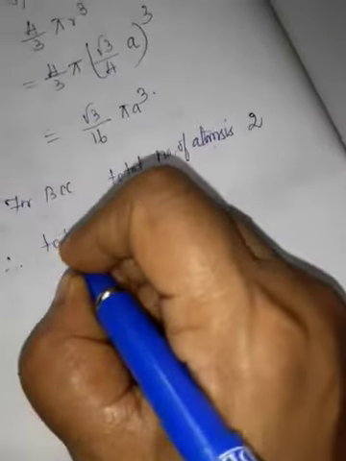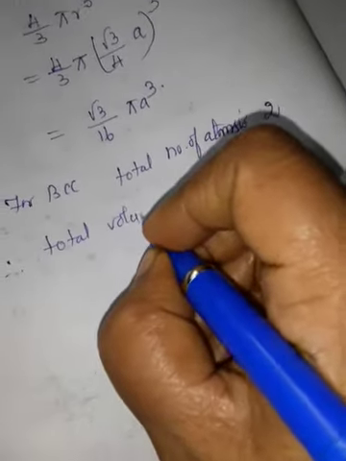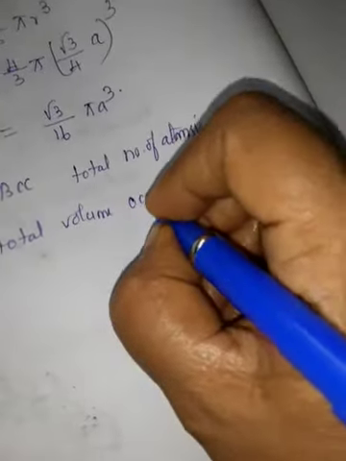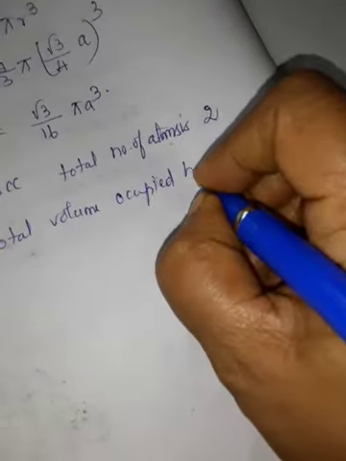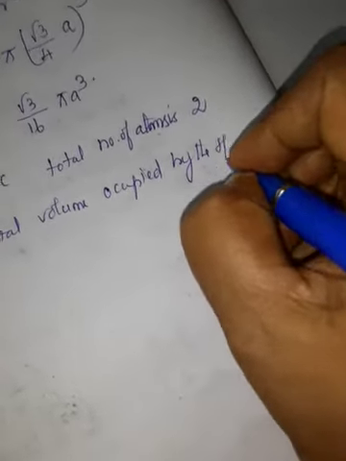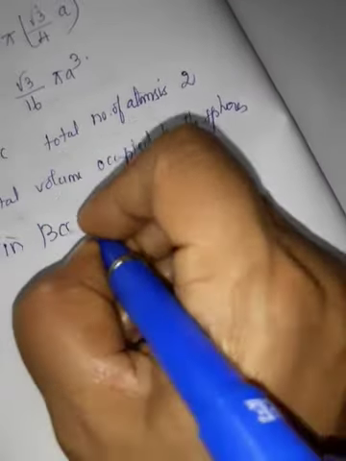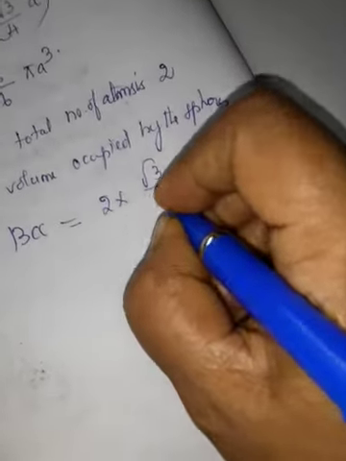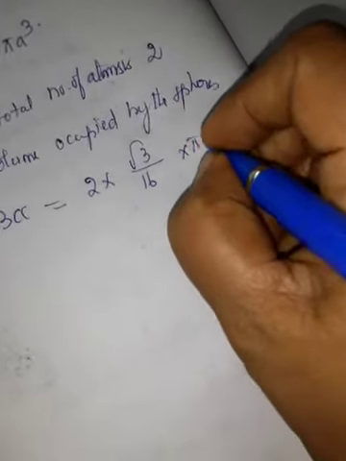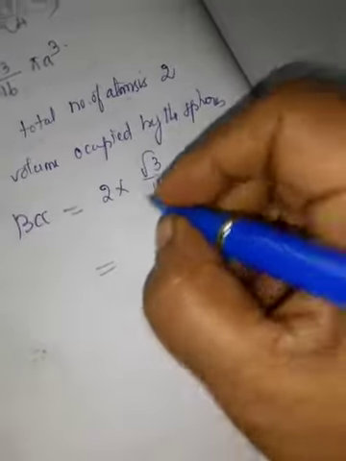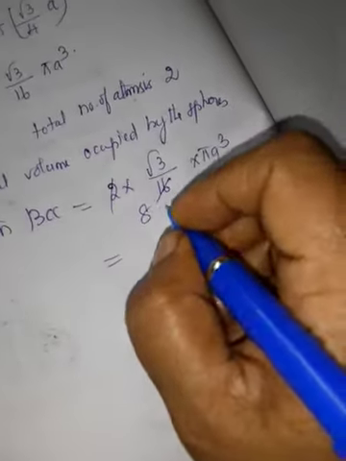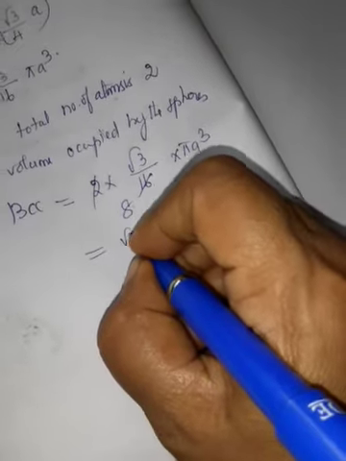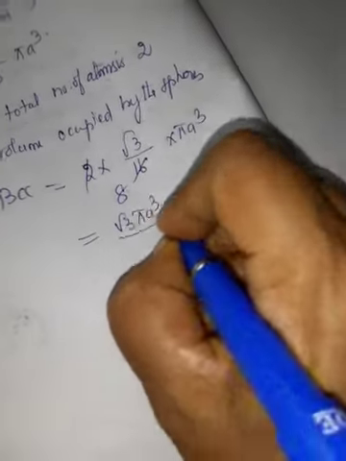Therefore the total volume occupied by the spheres in BCC equals 2 into root 3 by 16 into pi a cube, which by cross multiplying is root 3 pi a cube by 8.